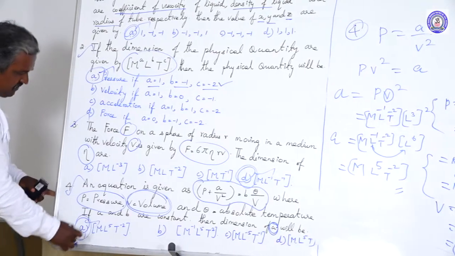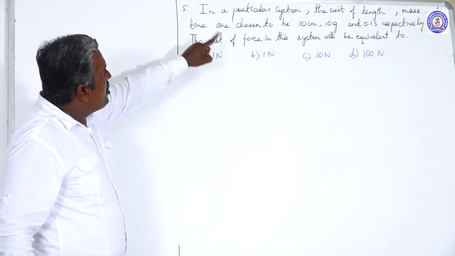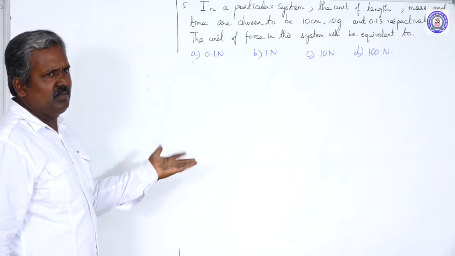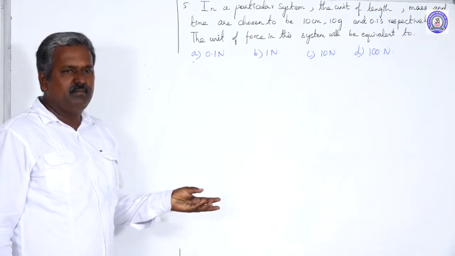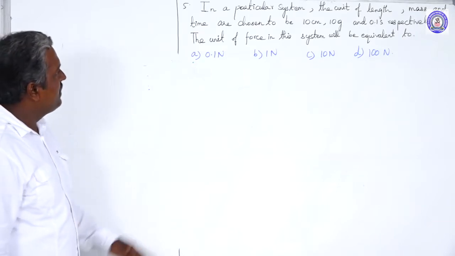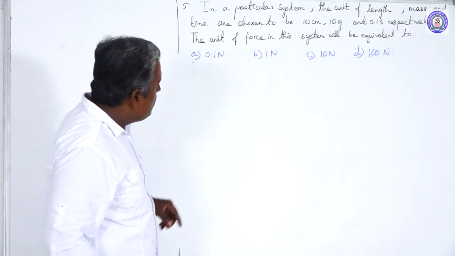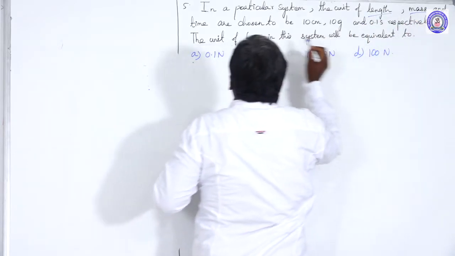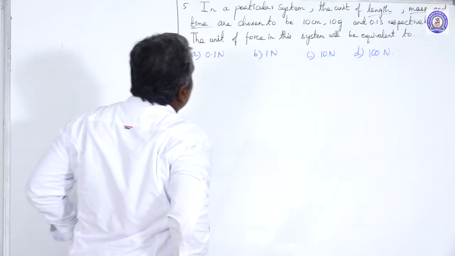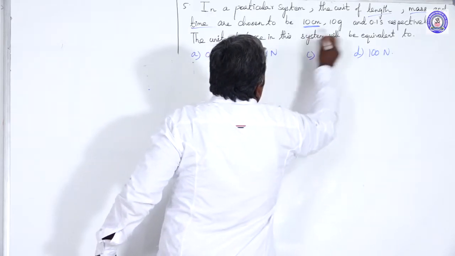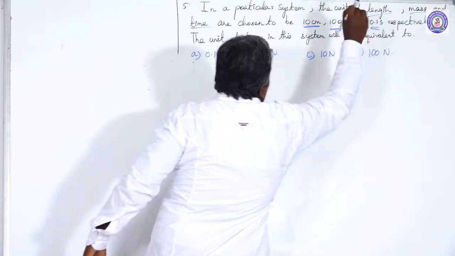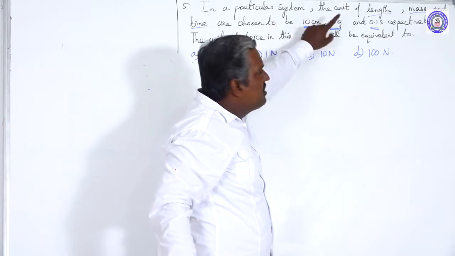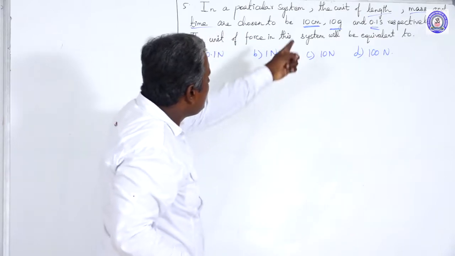Okay, first option. In a particular system, what is a particular system? System of units. Any one system of units, maybe CGS or MKS, no problem. In a particular system, the units of length, mass and time are chosen to be 10 centimeter, 10 gram and 0.1 second respectively.